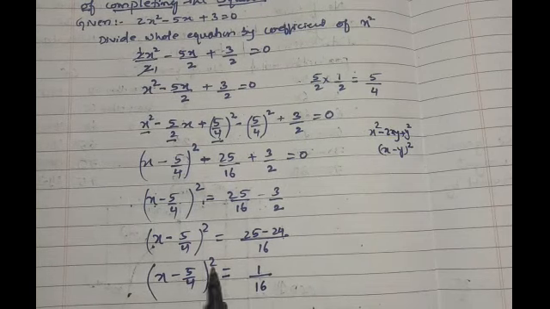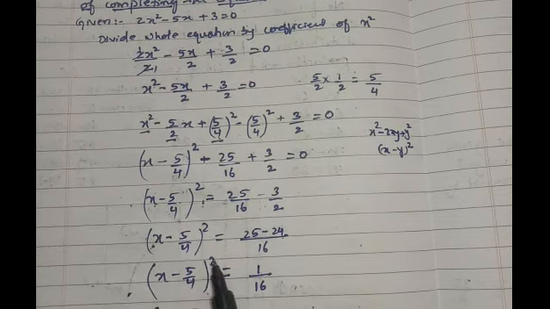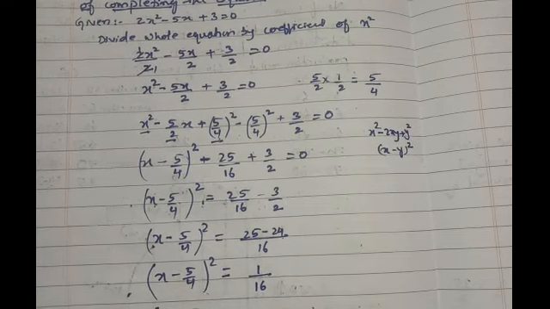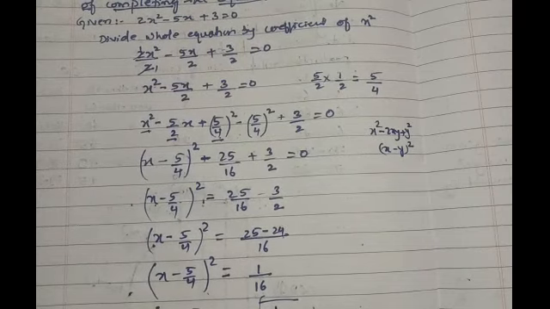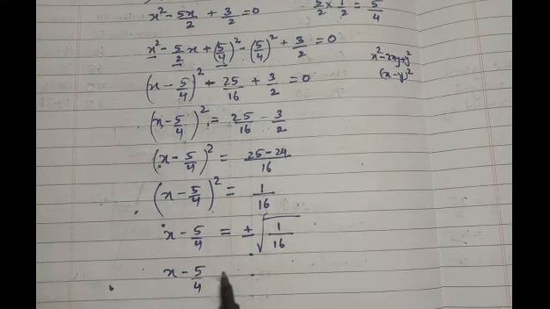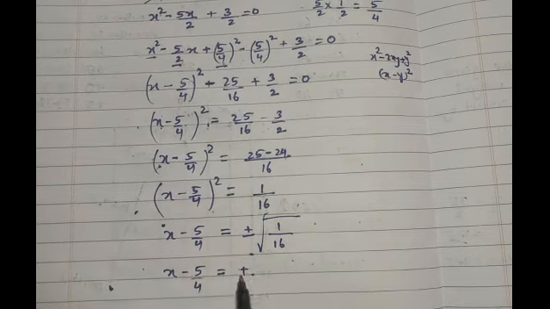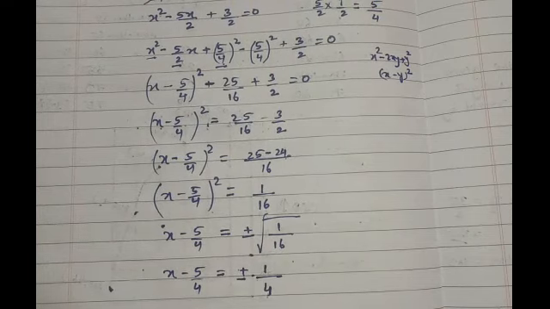Now student, transfer this square to the right hand side. x minus 5 by 4 is equal to plus or minus under root of 1 by 16, as we are transferring the square to the right hand side. x minus 5 by 4 as it is, plus or minus under root 1 is 1, under root 16 is 4.